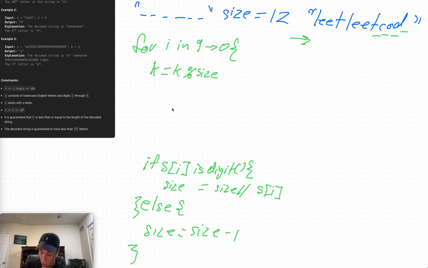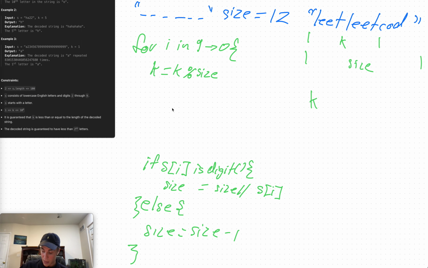For now, k keeps getting smaller because size is getting closer and closer to k. Purely visually, k represents this value, and size represents this value.